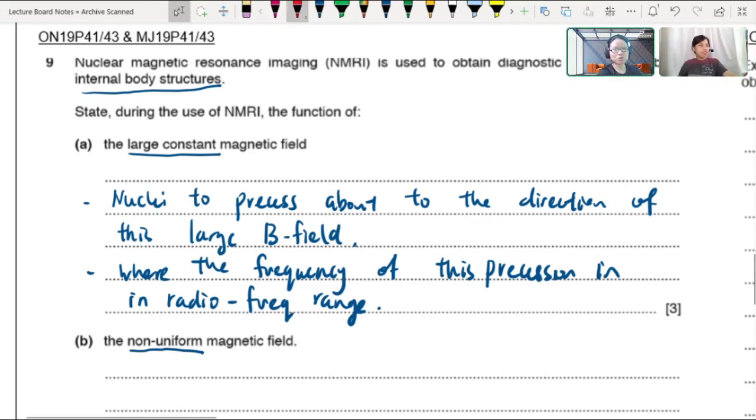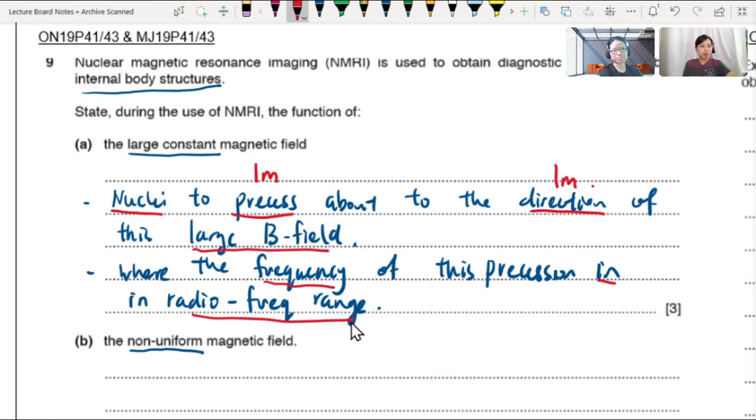If you say nuclei precess, like you at least remember that we are talking about nuclei and it's precessing, then this one will be 1 mark. Okay, and then about the direction of the large magnetic field, this is 1 mark. And the final mark is you talk about frequency. Frequency is in the radio frequency range.